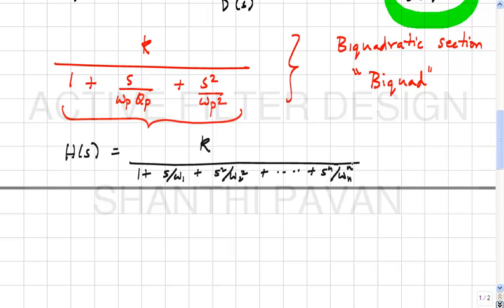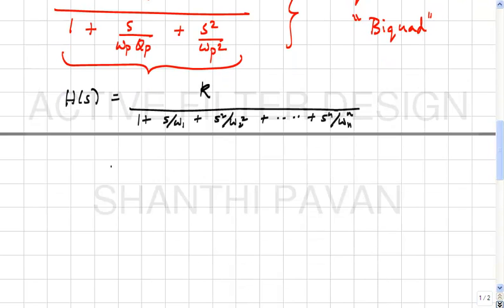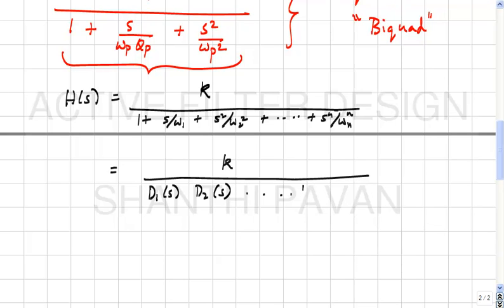The simplest thing to do is to say, hey, I don't know anything about higher order filters, the only thing I know is second order, right? So I can always factor it into D1 of s into D2 of s blah blah blah Dn by 2 of s, and I can realize each one of them separately, correct, and then do what?